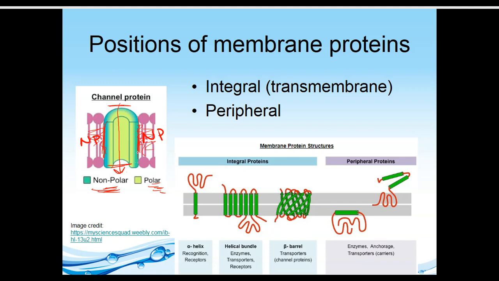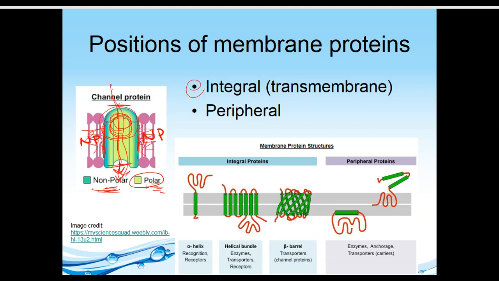Instead, it is attracted to the lipid. But the inside of the tube, where polar things are going to be passing through, is in fact polar. So we have a tube, and the outside of the tube is nonpolar, so it can stick in the membrane. The inside of the tube is opposite. It's polar, so that polar things like salt can pass right through.